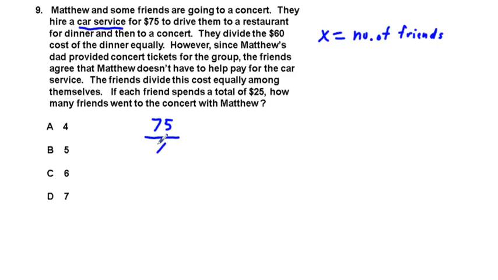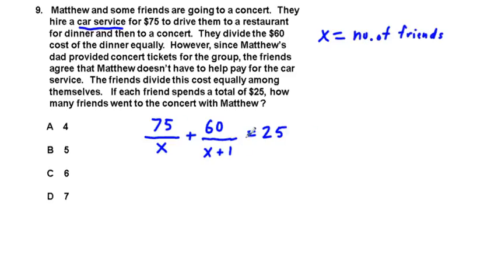So 75 divided by x, the number of friends, plus $60, and this one here, Matthew is going to help pay for the dinner, so we have the number of friends plus 1, and each friend spends a total amount of $25.